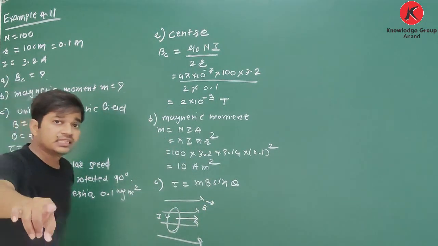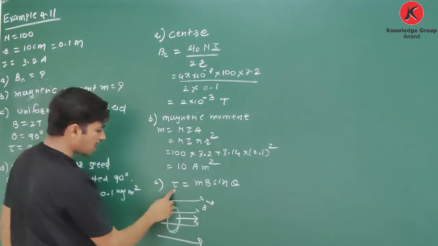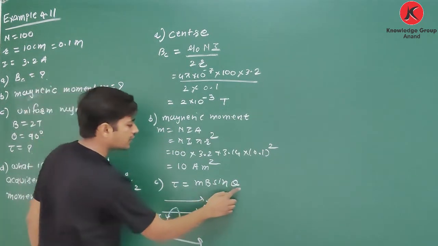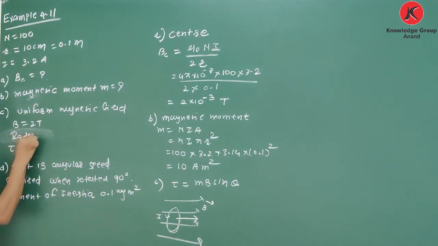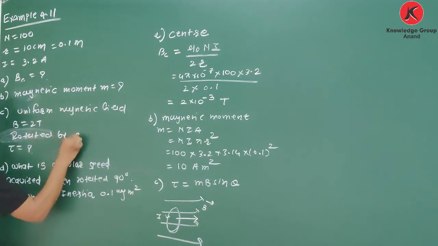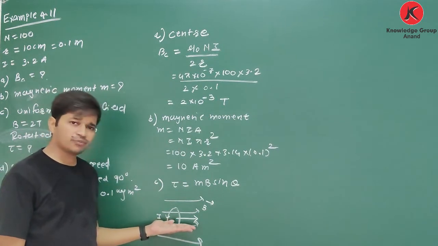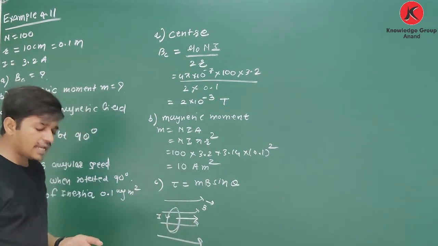See carefully. Tau is equal to MB sine theta. Theta is the angle between M and B. It is rotated by 90 degree. Initially the loop is in the direction of magnetic field. Then it is rotated by 90 degree.